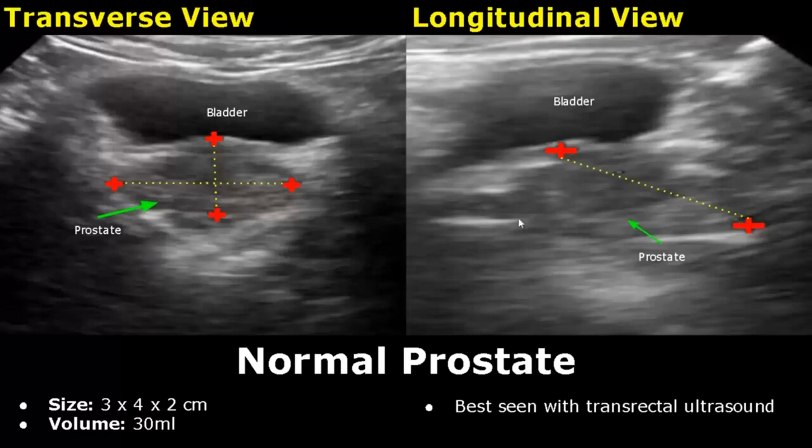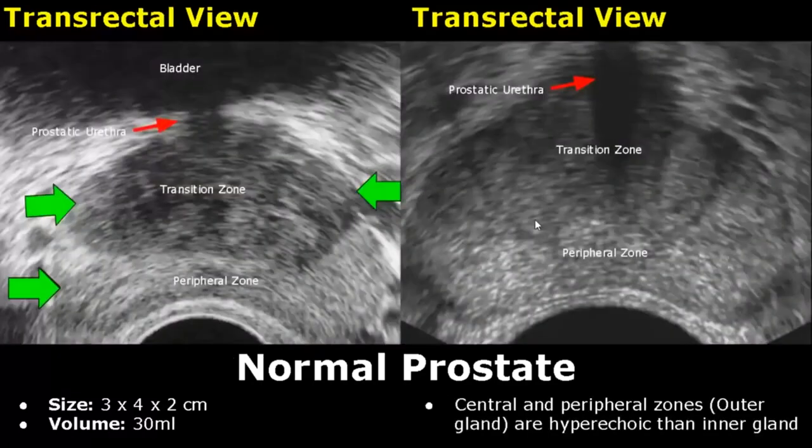The prostate is best seen with a transrectal approach. These images are transrectal images of the prostate. We can see some zonal anatomy. Here is the peripheral zone, and this is the transition zone.